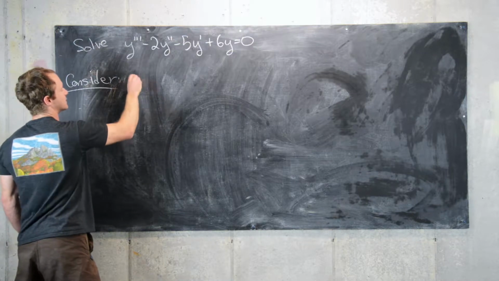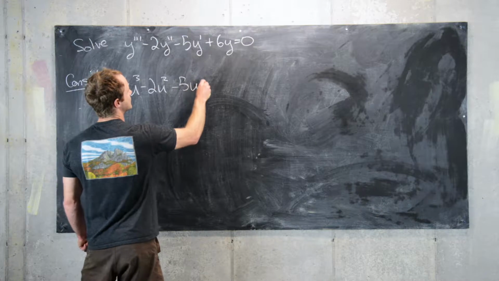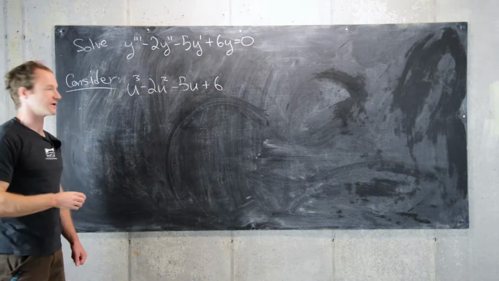the polynomial u cubed minus 2u squared minus 5u plus 6, and we want to find the roots of this polynomial.